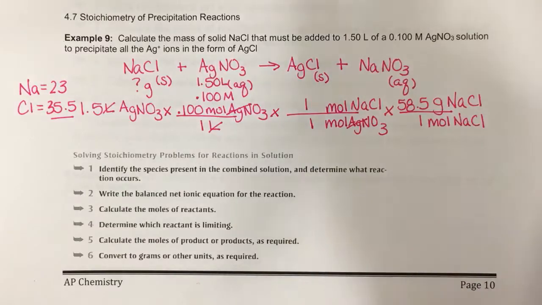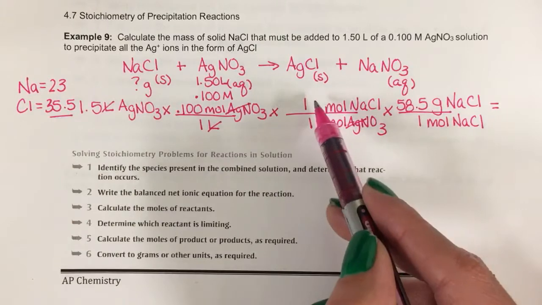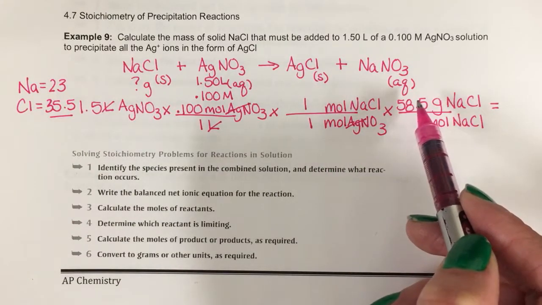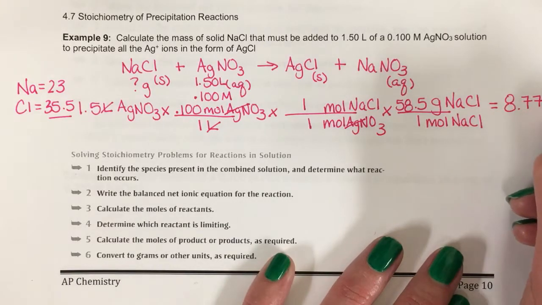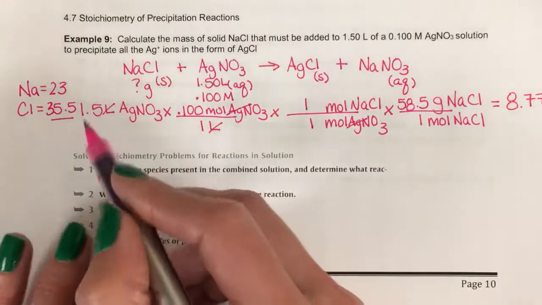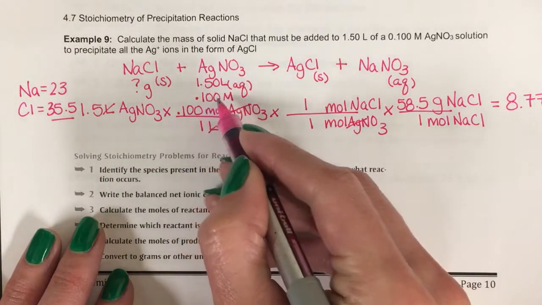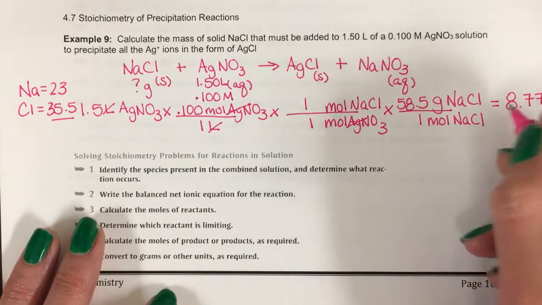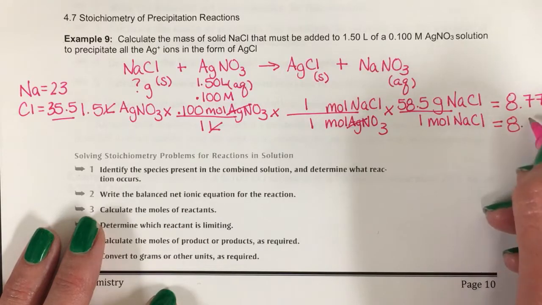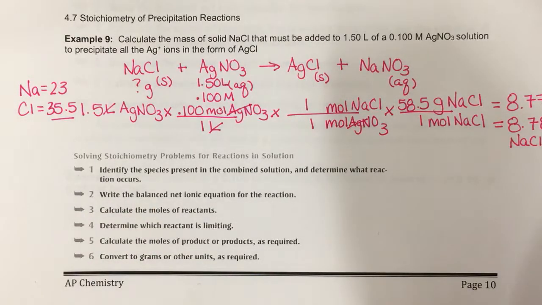If I plug this into my calculator, 1.5 times 0.1 times 1 divided by 1 times 58.5, I get 8.775. Well, I've got 3 sig figs here, 3 sig figs here, so I can only keep 3 sig figs here. So that's going to round to 8.78 grams of NaCl. Okay?